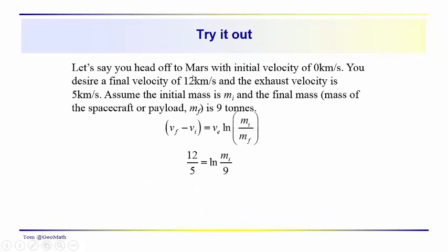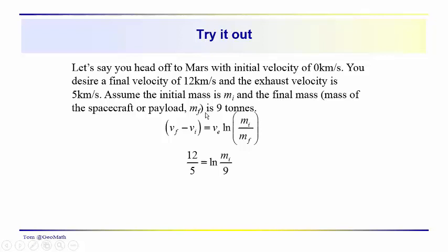Let's say we head off to Mars with an initial velocity of 0 kilometers per second. Let's say that we desire a final velocity of 12 kilometers per second. And the exhaust velocity is 5 kilometers per second. We've got our initial mass, m sub i, and our final mass, m sub f, which we want to solve for. What is that final mass?